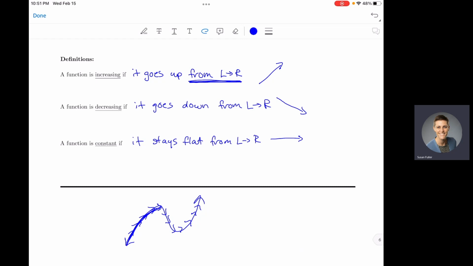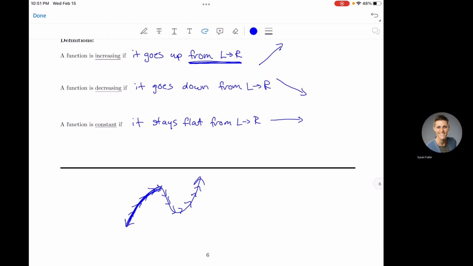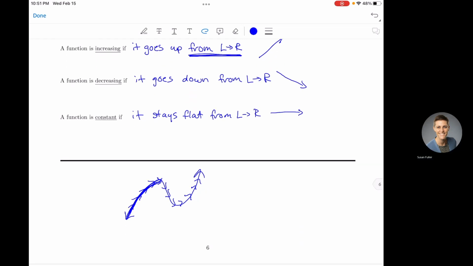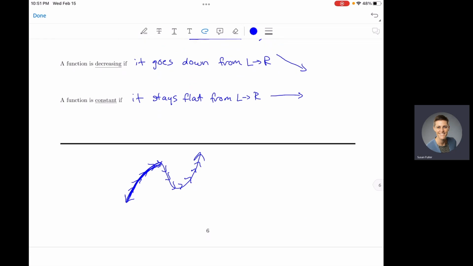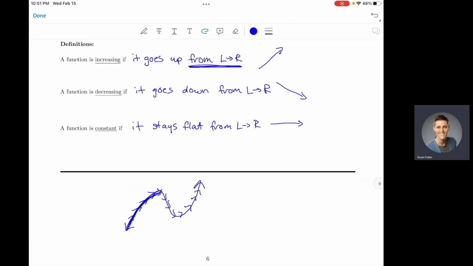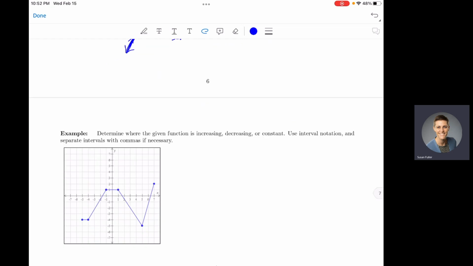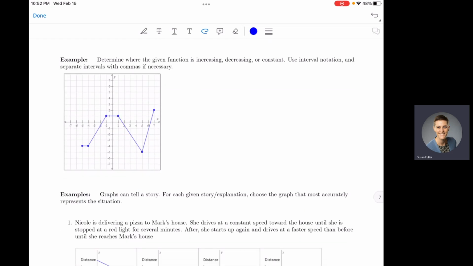We trace our functions from left to right, so this left side is increasing. I think that's the most often confused part of this from students. But again, the important part here is you trace your function from left to right. Always, always, always to evaluate increasing and decreasing.